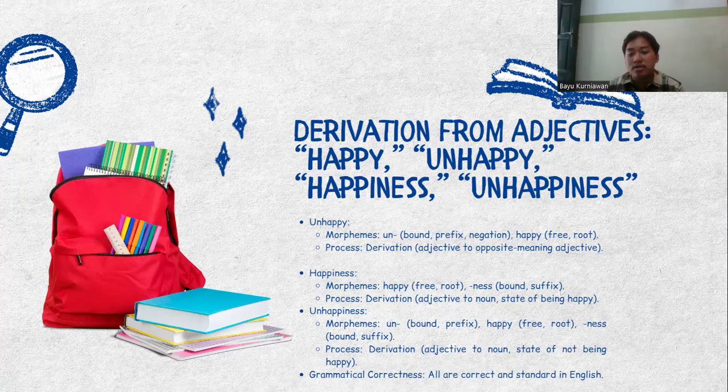Process is derivation, adjective to noun, the state of being happy. Unhappiness: morphemes: un is a bound prefix, happy is the free root, ness is a bound suffix. The process is still derivation, adjective to noun, the state of not being happy. Grammatical correctness: all are correct and standard in English.